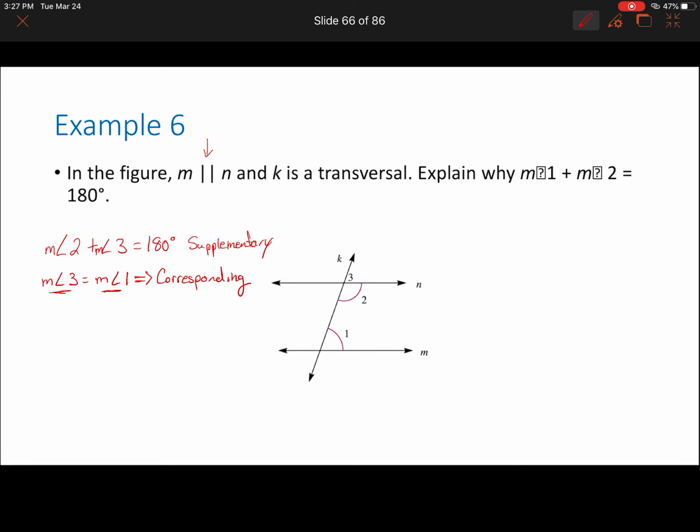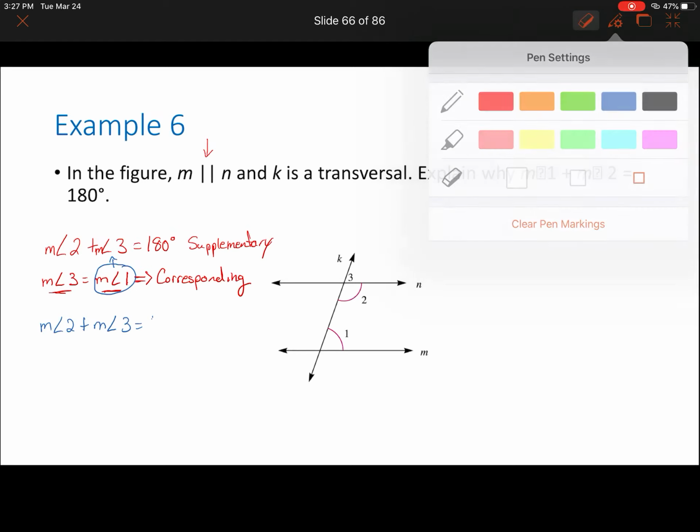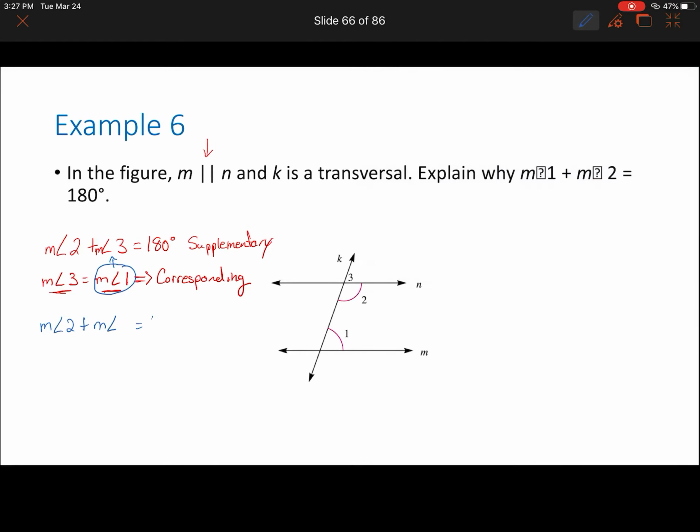And so if angle 1 and angle 3 are corresponding, then that means that the measure of angle 3 and the measure of angle 1 can be substituted for each other. And so if you take this measure of angle 1 and you substitute it there, then the measure of angle 2 plus the measure of angle 3 has to be equal, I'm sorry, the measure of angle 1, not 3.